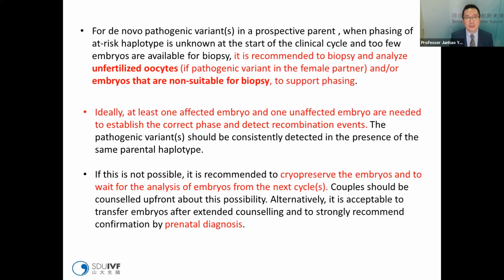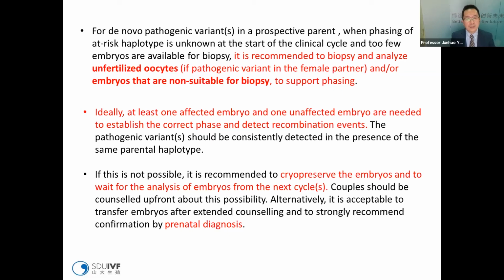For some patients, for de novo pathogenic variants in a prospective parent, when phasing of the at-risk haplotype is unknown at the start of the clinical cycle, it is recommended to biopsy and analyze unfertilized oocytes and embryos that are not suitable for transfer, so we can get more information for further analysis.